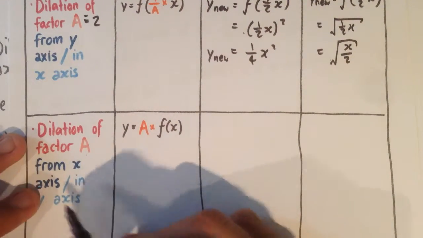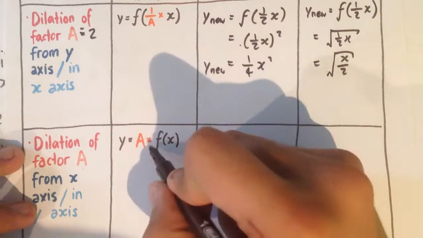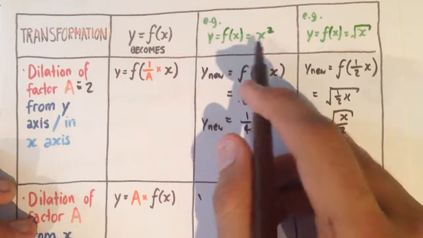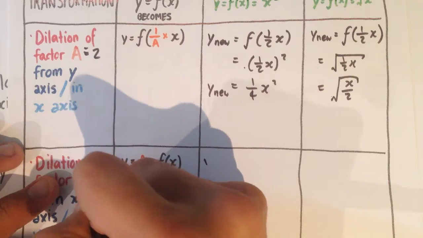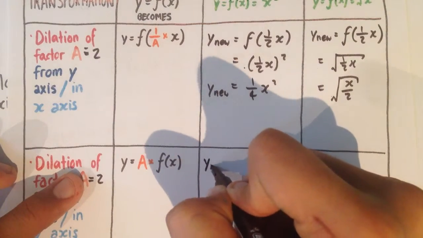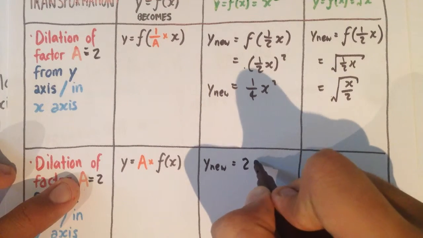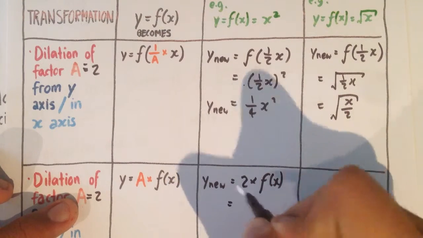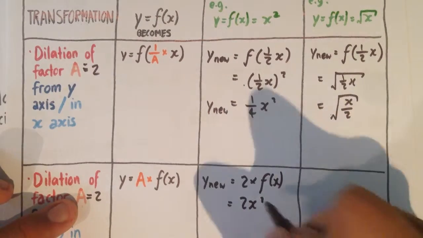Now we're going to do it from the x-axis. So if we have y is equal to x squared and we're dilating by a factor of, let's say a is equal to 2 again, from the x-axis this time, then our new equation would be simply 2 times our old equation, so 2 times f of x, which is equal to 2x squared.